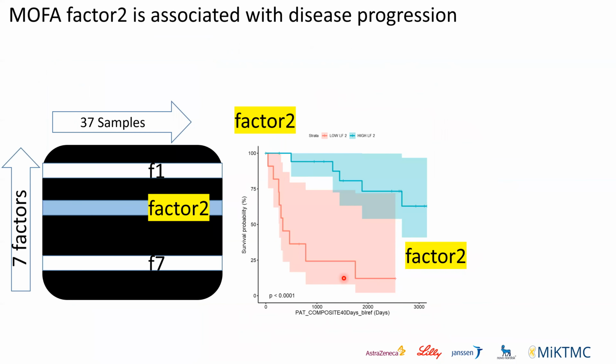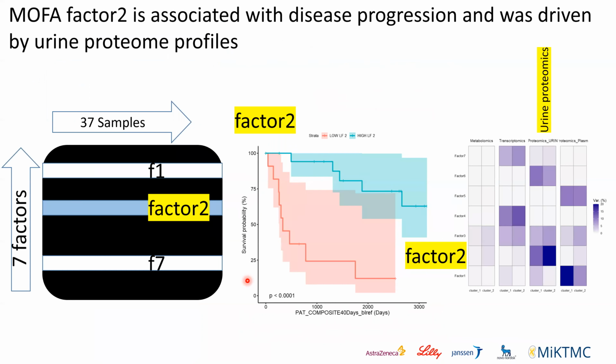As you can see from this Kaplan-Meier curve, one of the MOFA factors, factor number 2, was associated with disease progression. This factor was also driven by the urine proteomics data type.